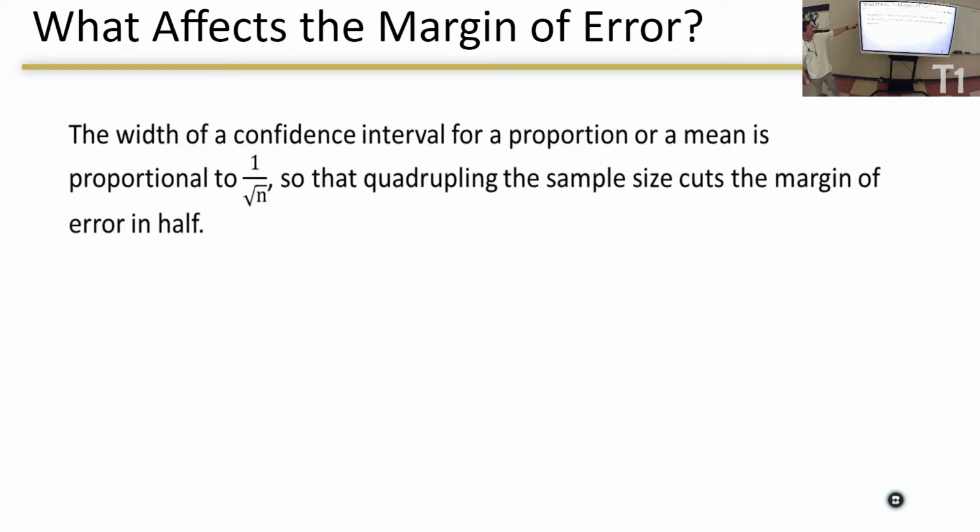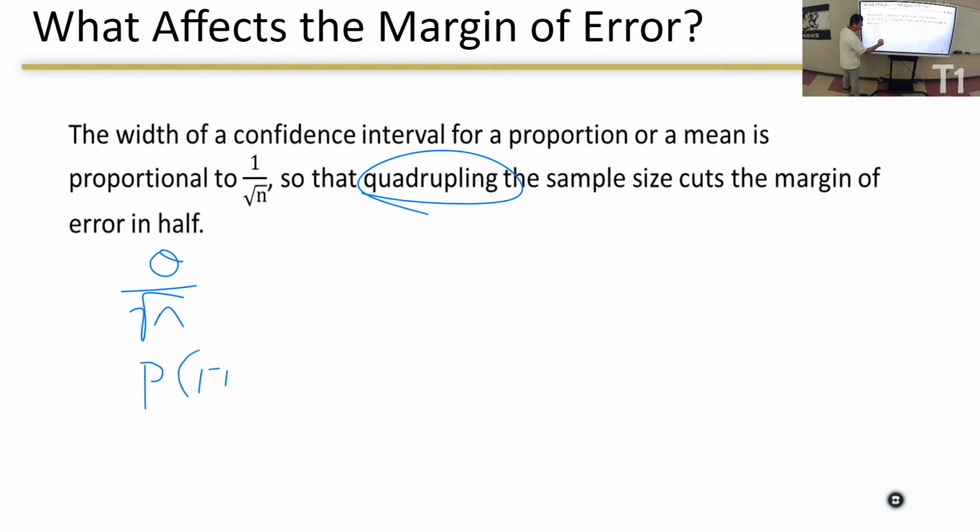Good day today. Y'all remember this from chapter 7, just to make sure, right? If I want to cut it in half, you have to quadruple the sample size because it's a ratio, 1 over the square root of n. Remember, it was standard deviation over the square root of n. Remember, it was p times 1 minus p over n, square rooted.